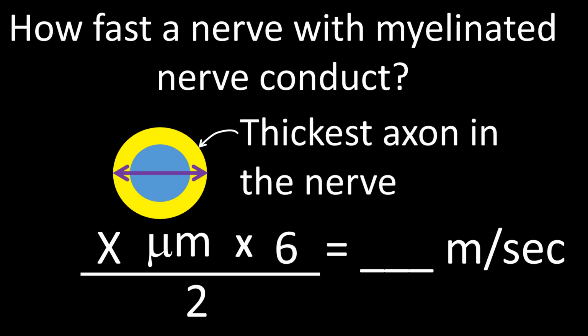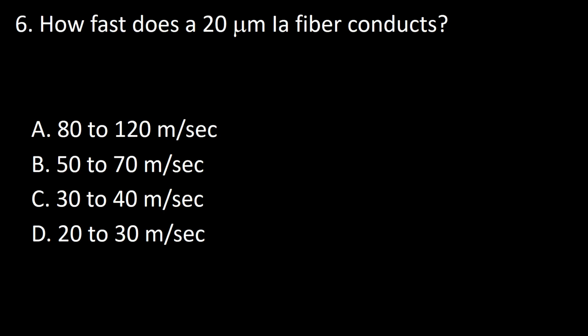A way to determine the speed of conduction of a nerve is by taking the diameter of its thickest fiber, multiplying it by 6, and dividing the result by 2, as you can see in this frame. So the answer to this question is A.